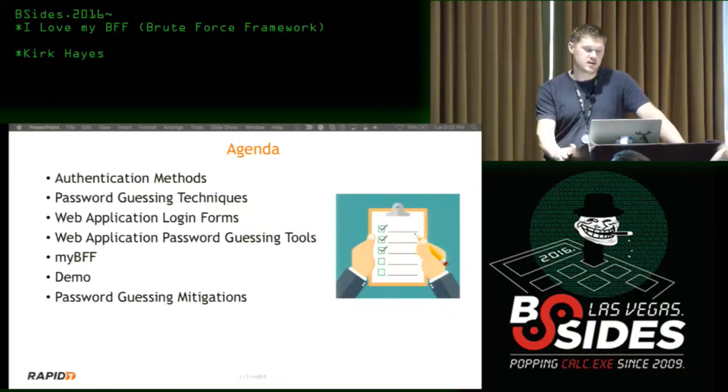We'll talk about tools that are out there for web application testing and guessing, their strengths and weaknesses, and then I'll talk about my BFF. We'll get deep into how that works, the different modules, and what you can do to add into it if you want. I'll do a quick demo on its functionality, and then we'll talk about mitigations for these kinds of attacks, since we really want to be able to protect against those.